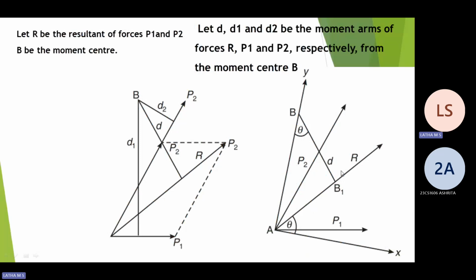I am resolving R along the x-axis. Please see here, R is at an angle of theta. I am resolving R cos theta. Means what it will become? Rx. If I am resolving to the vertical, it will be R sin theta, then it will be Ry.